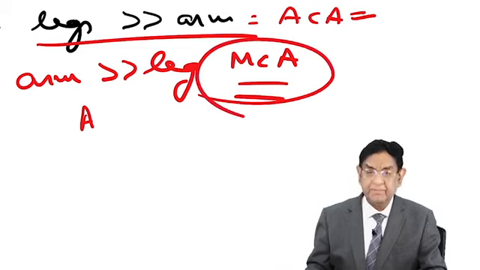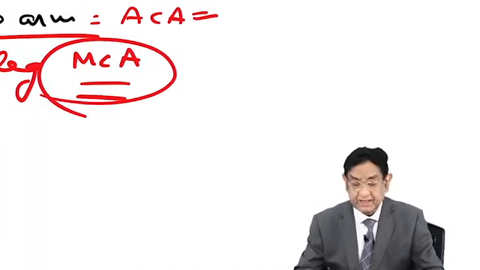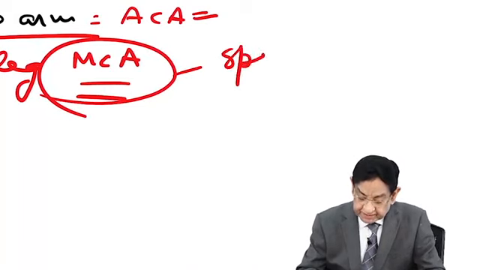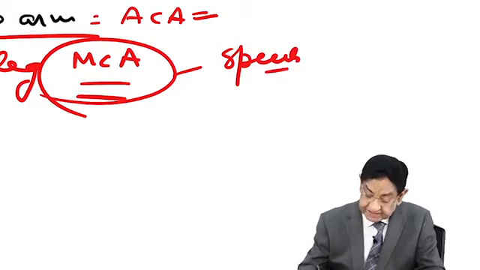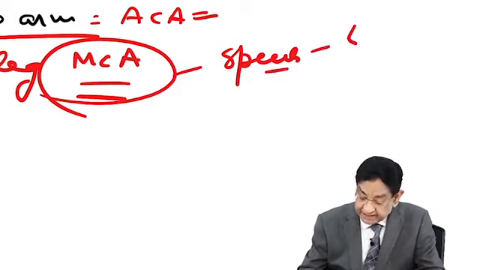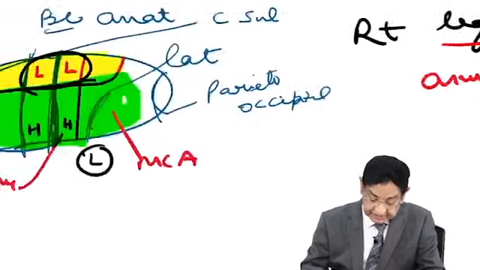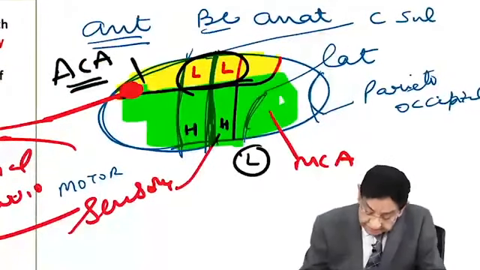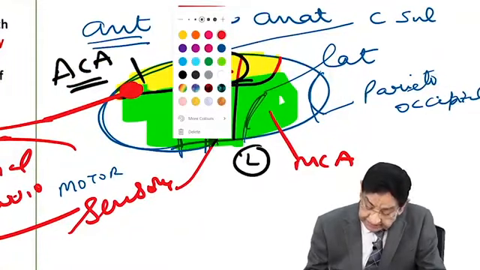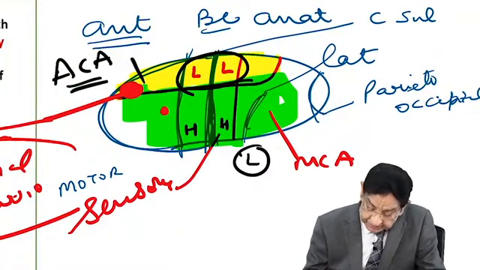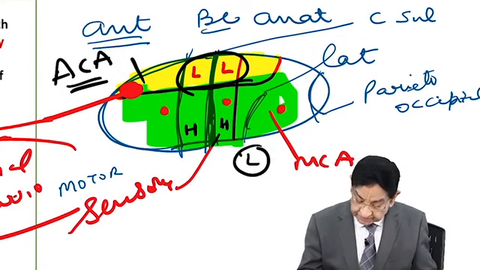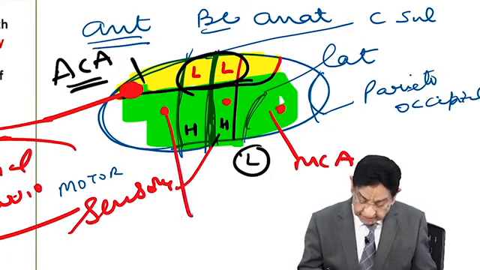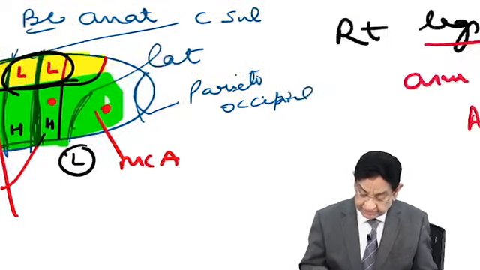But in the middle cerebral artery, invariably, speech involvement may be there. Why speech? Speech centers are on the left side. We all know this very well. So we have the Broca speech area. Let me draw a straight diagram for you.